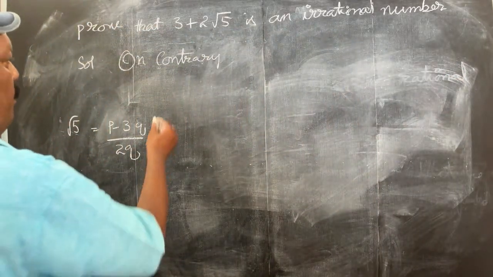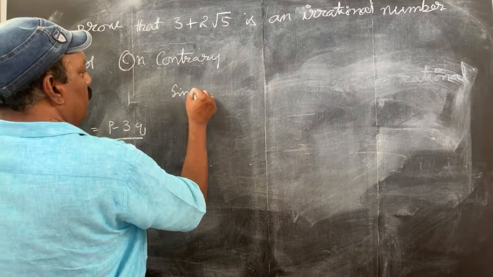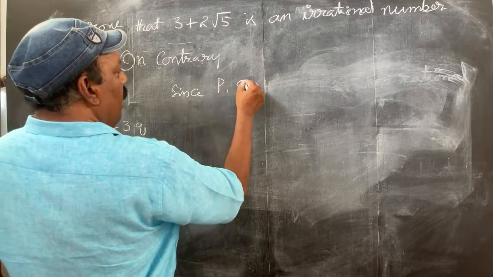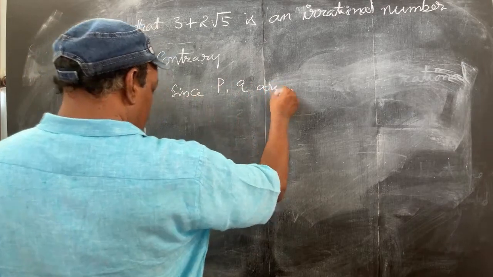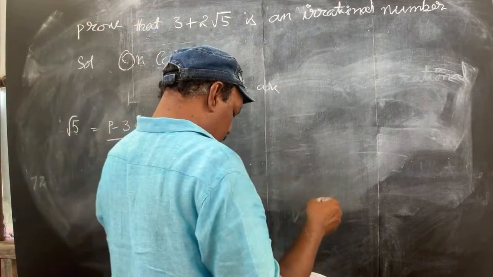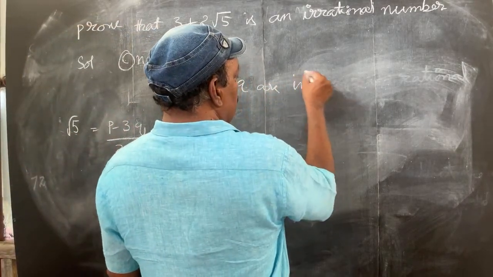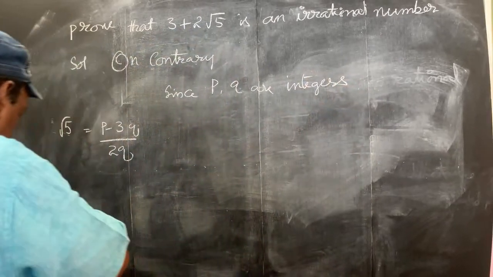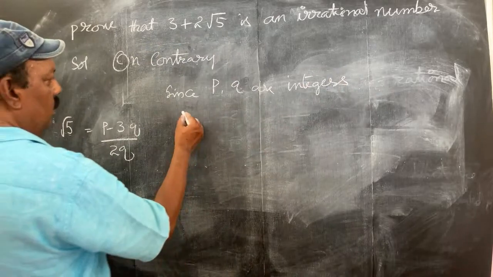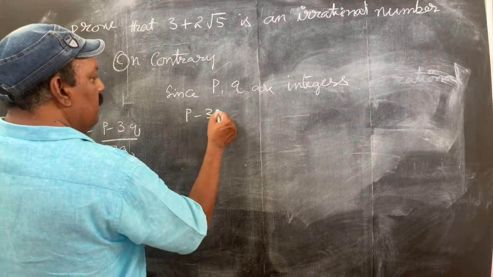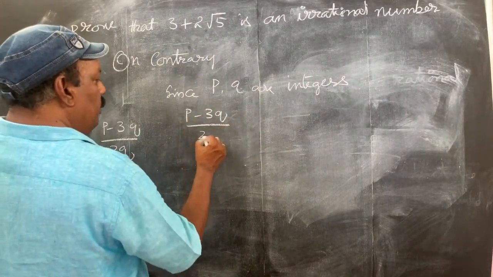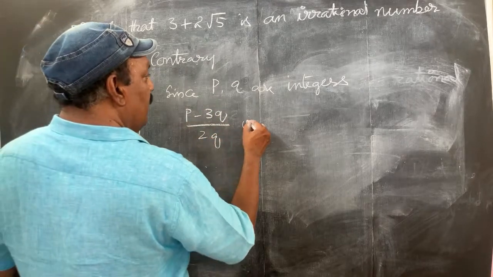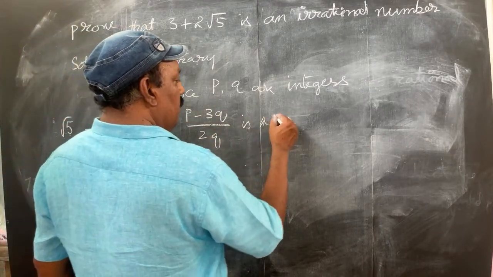Since p and q are integers, p minus 3q by 2q is a rational number.